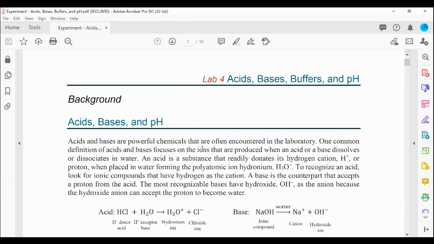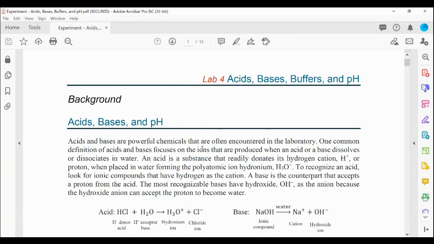There is another definition. The Bronsted-Lowry, in 1923, a little bit later, define an acid as a proton donor. What is a proton? It's a hydrogen cation, a hydrogen ion, an H+ ion.